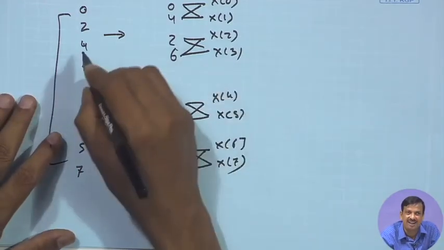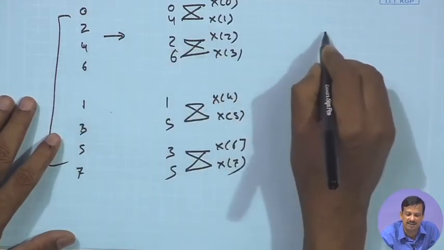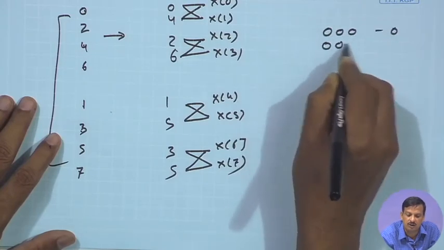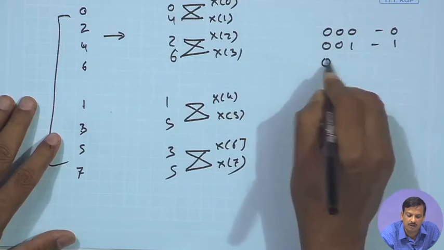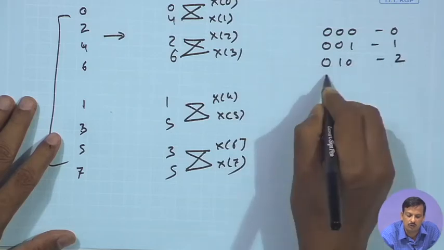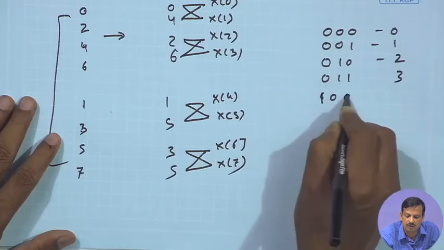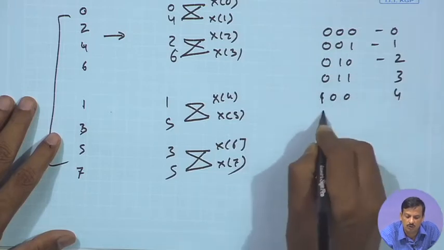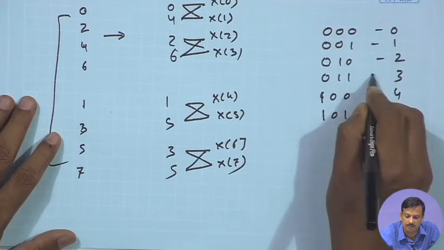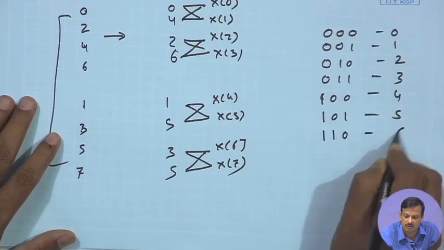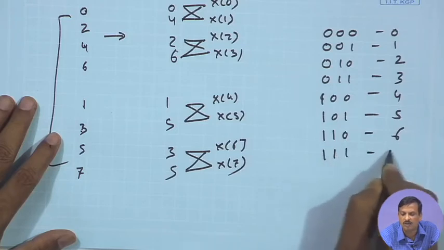If you see, 8, n equal to 8, then 000 represents 0, 001 represents 1, 010 is 2, 011 is 3, 100 is 4, 101 is 5, 110 is 6, 111 is 7.